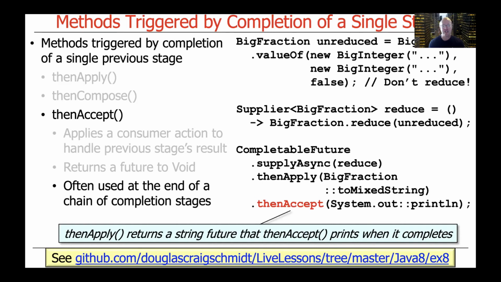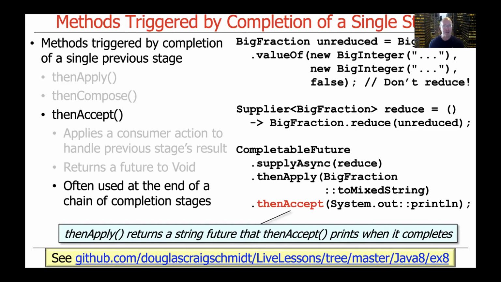And as you can see here, what we're going to do in this particular case is we submit a supplier lambda to supplyAsync, and that gets run in the background to do the reduction. We then convert that into a mixed string. We convert the improper reduced fraction into a mixed fraction using thenApply with the BigFraction::toMixedString method reference.